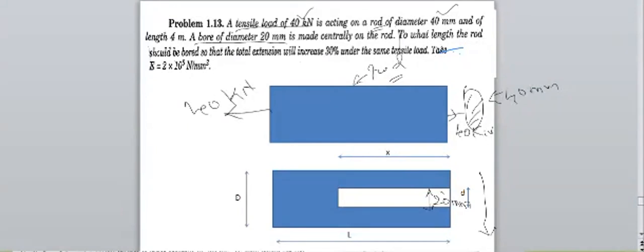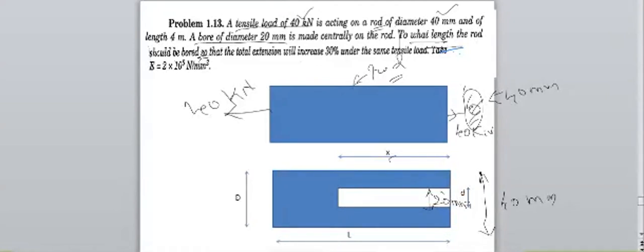In the same rod, we are making a hole of 20 mm centrally. To what length of the rod should be bored?